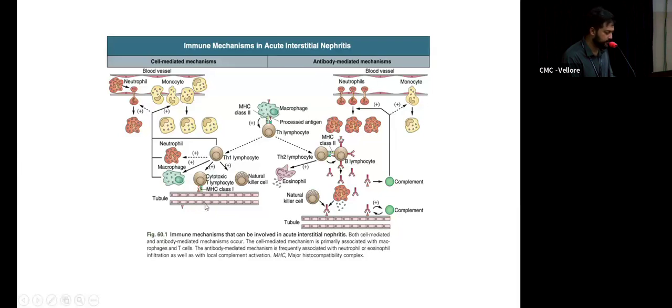So tubulitis is a feature of acute interstitial nephritis. At the same time there is also antibody production with the help of Th2 cells, and eosinophils are also produced. Once antibody production is there, complements are activated, which further accentuates the whole process.